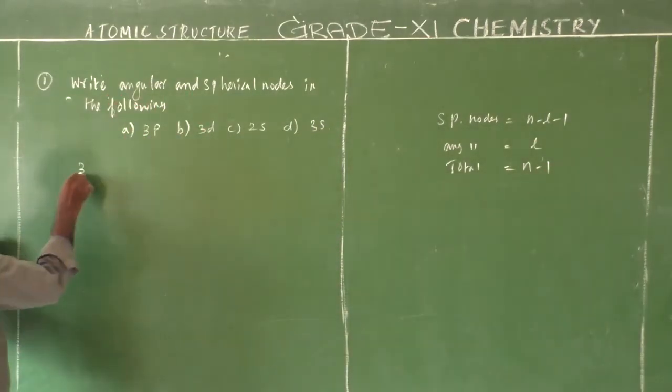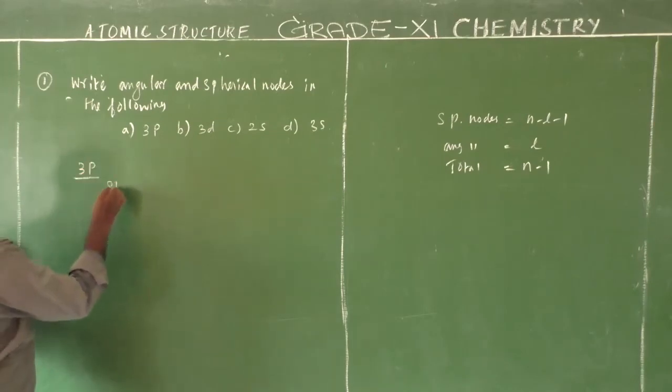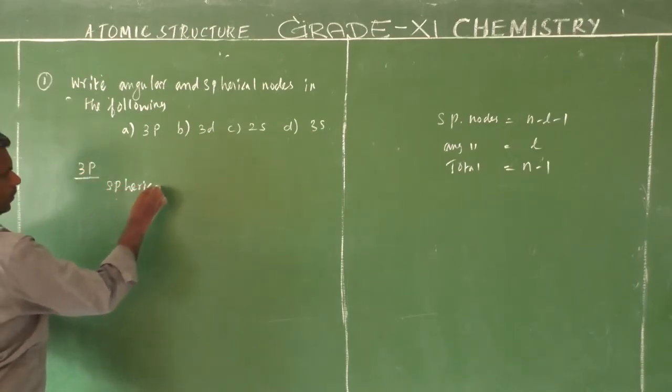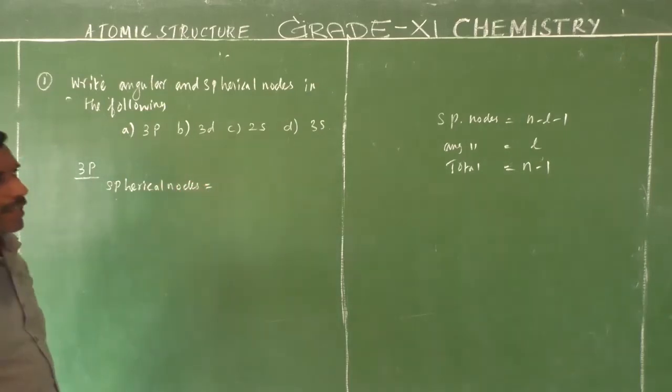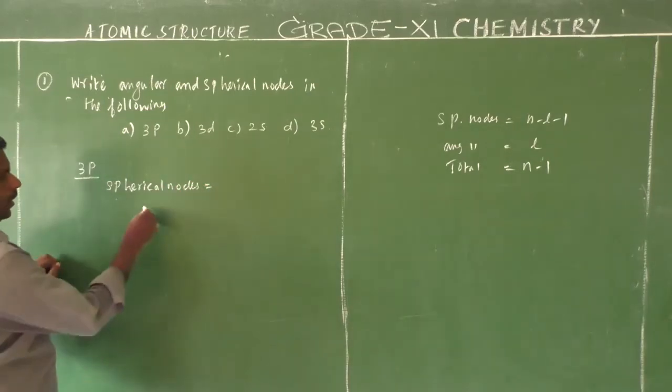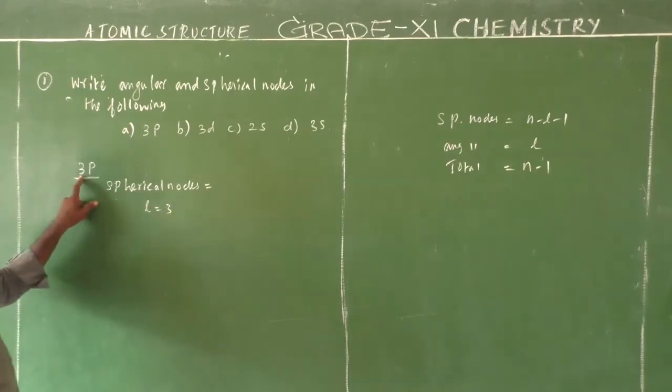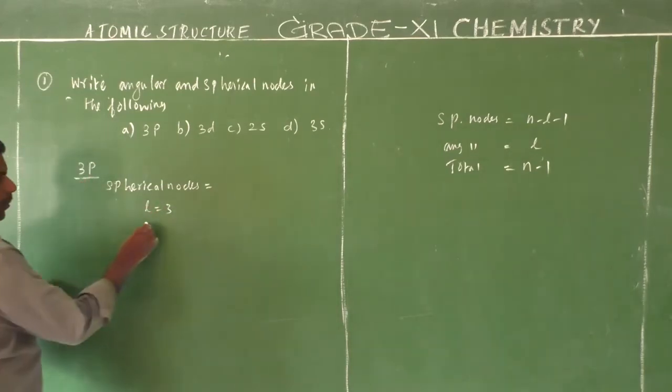First, 3p orbital. Consider the spherical node. What is the formula? n minus l minus 1. The n value here is 3, the third shell, and it is a p orbital.